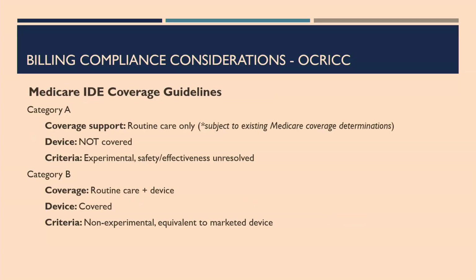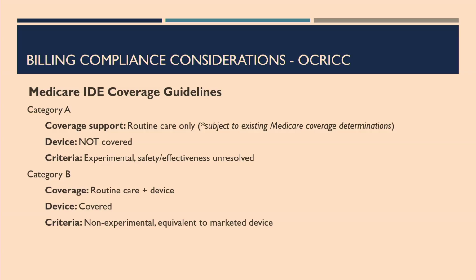And then we've got our coverage guidelines as spelled out by Medicare. So coverage support is really for both category A and category B IDEs. That routine care, if that device procedure is covered for that patient population outside of the trial, oftentimes it will be covered as routine care inside the trial. The device itself, from a category A perspective, not covered.